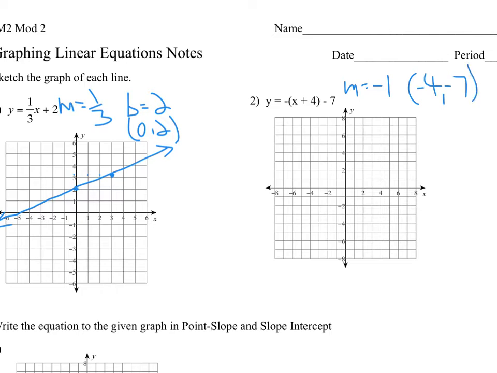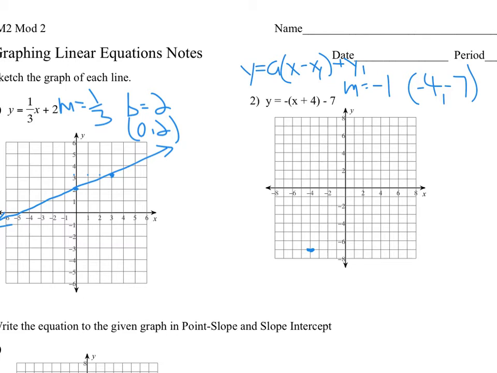And so this comes from y equals a(x minus x1) plus y1. And we'll talk about how that ties into another form later, but for now, that's what that works with. So we go -4 and then -7 down here.